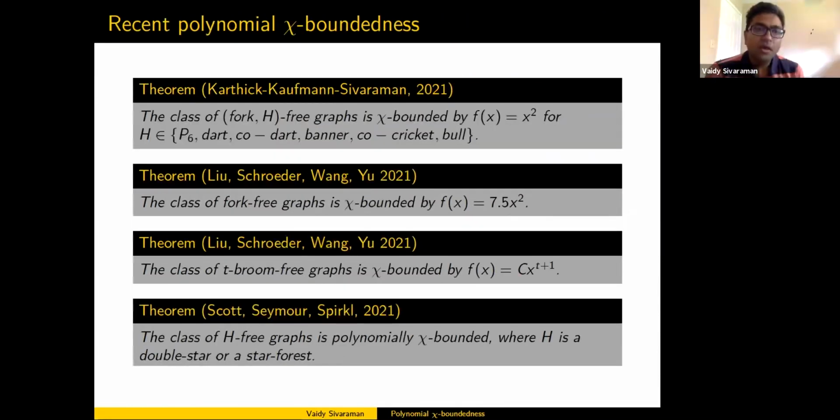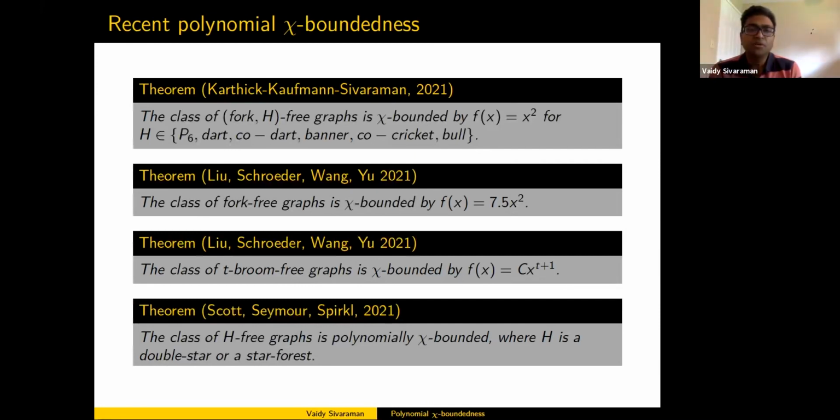Okay, and early this year we wrote a paper where we were interested in excluding a fork. A fork is the graph K_{1,3} with an edge subdivided. You take K_{1,3}, the complete bipartite graph with one vertex on one side, 3 on the other side, and you subdivide one of the edges. That's called a fork or a chair.